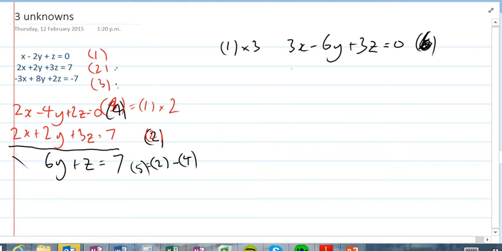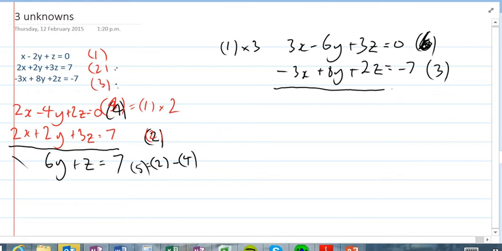And then I'll put it next to the other one, minus 3x plus 8y plus 2z equals minus 7, and that was equation 3. And to eliminate the x's, what am I going to have to do? What's that? Good question.